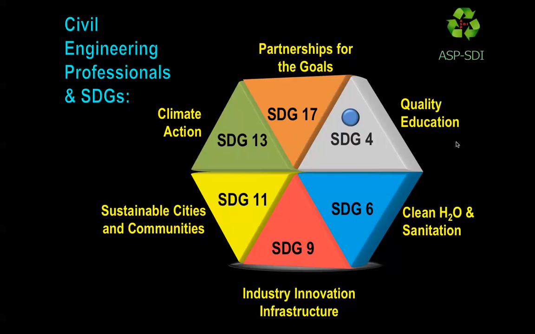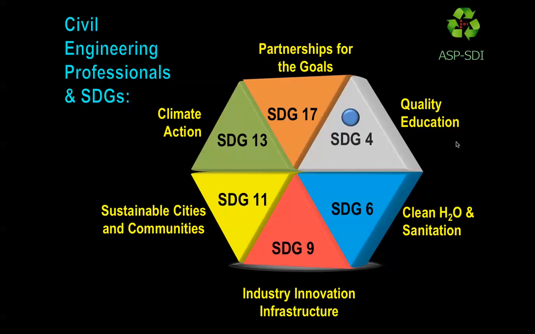SDG 6 is concerned with water and sanitation, SDG 9 with industry, innovation, and infrastructure development, then sustainable cities and communities, and under this category came the smart cities, which never took off. Then climate action came into the picture, where civil engineers as nation builders play a very critical role, and then partnerships for the goals.